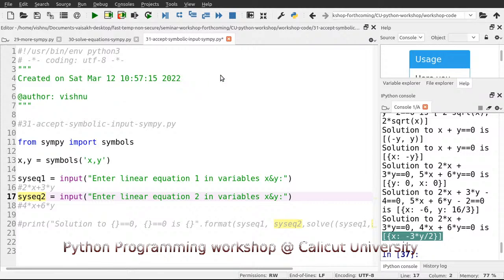So converting, I'm just trying to find out something.